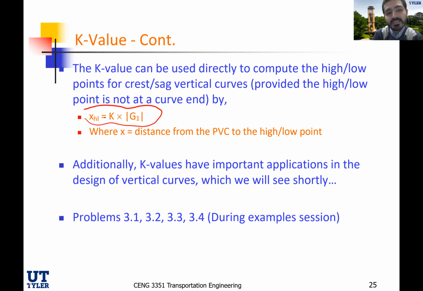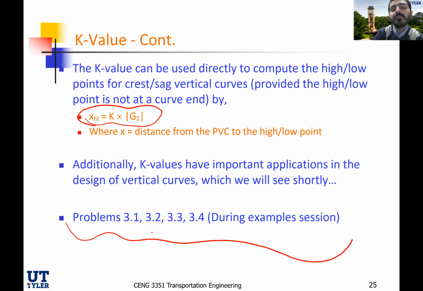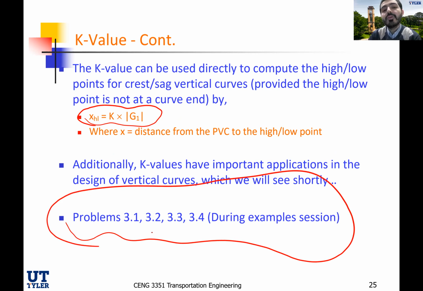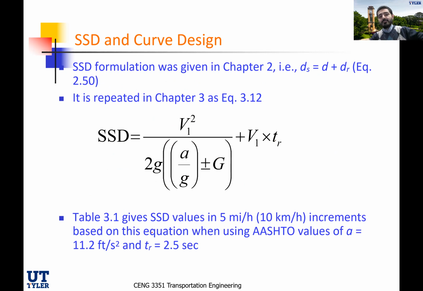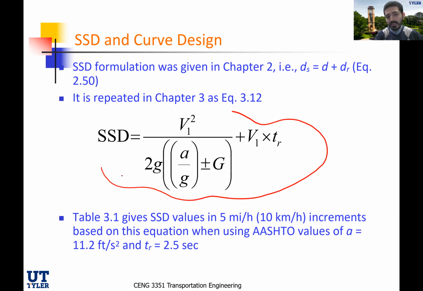XHL will be provided to you if you need it. And of course, the problems that we've gone through, it's very important to know how to run these problems and how they are solved. And then the SSD. You see now the differentiation between the crest vertical curve and the sag vertical curve. This equation is the general equation that we introduced in the previous chapter.